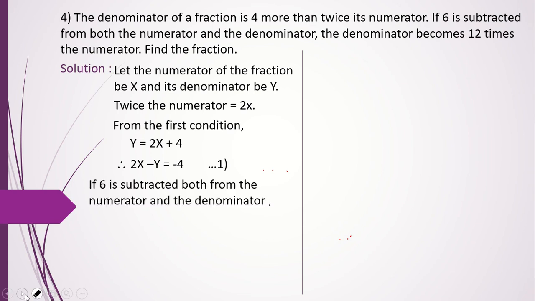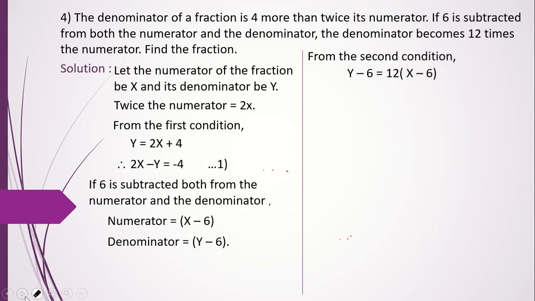Now if 6 is subtracted from both numerator and denominator, numerator will become x minus 6, denominator will become y minus 6. Okay, now next what happens? Here the denominator becomes 12 times the numerator. This is denominator, this is numerator, and denominator has become 12 times the numerator.